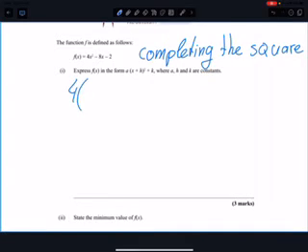So if you take 4 out of the bracket, what do you have? X squared minus 2x divided by a half. Are you done? Of course not. On the inside, what do you have?